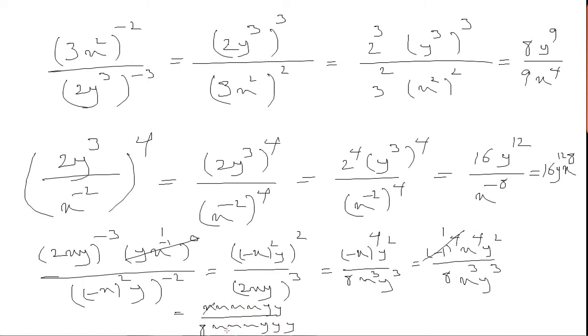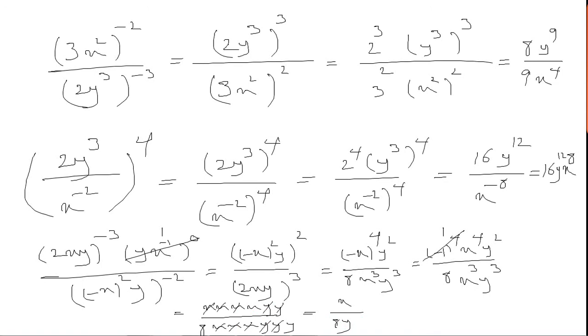So this x cancels this one, this cancels this, this cancels this. I'm left with one x in the numerator. This y cancels this y cancels this y. I'm left with one y in the denominator. So I have x in the numerator, 8, and y in the denominator, and that's the final answer, x over 8y.